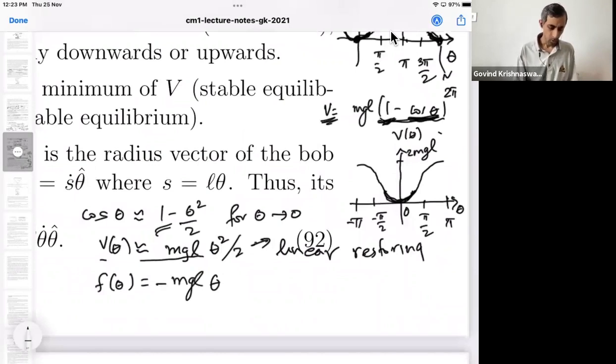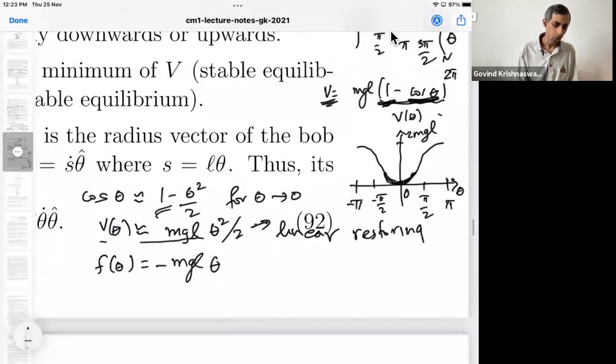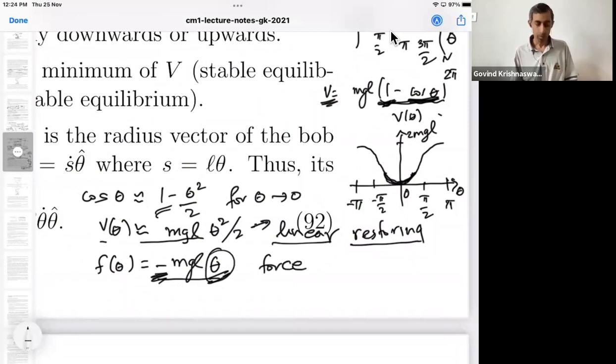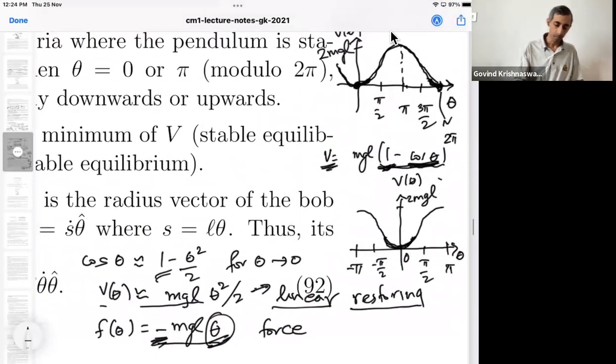So this force, as theta increases, is directed in the direction opposite to the increase in theta. So it points in the direction opposite to the increase of theta. That's why we call it restoring. It is linear because the force itself is linear. But in general, it is not linear. It's always restoring, but it's not linear.